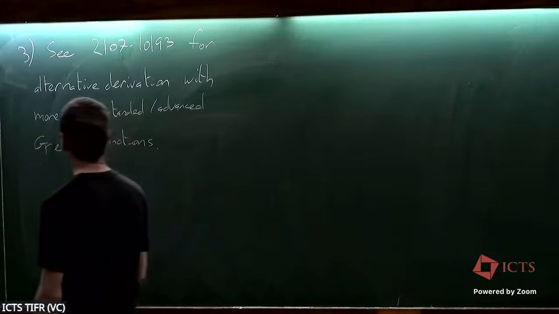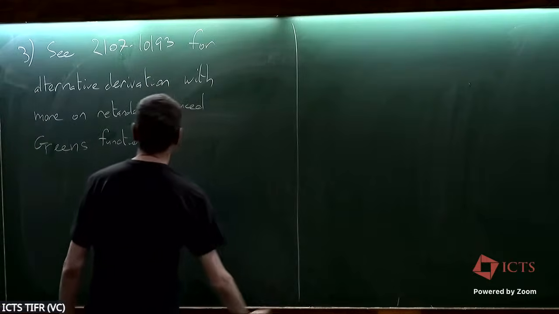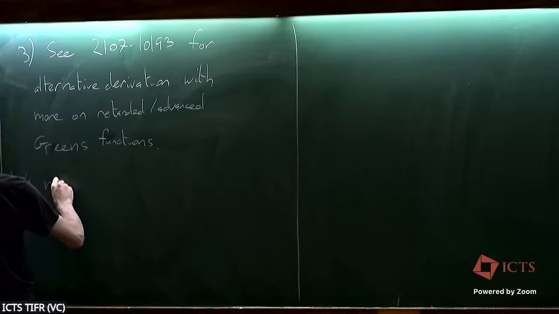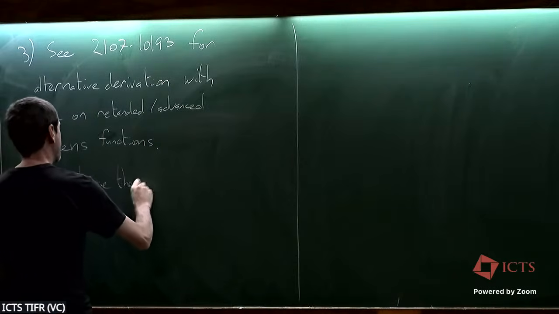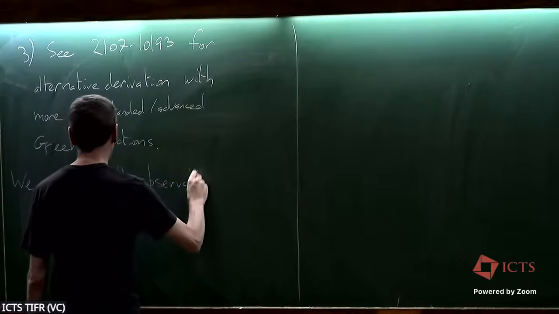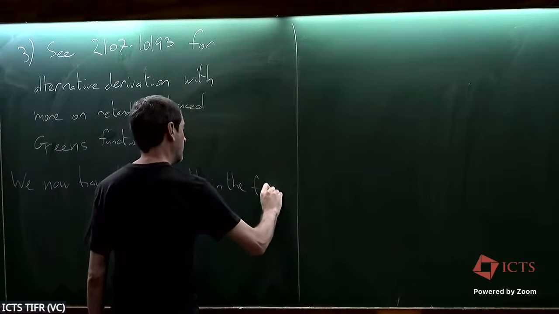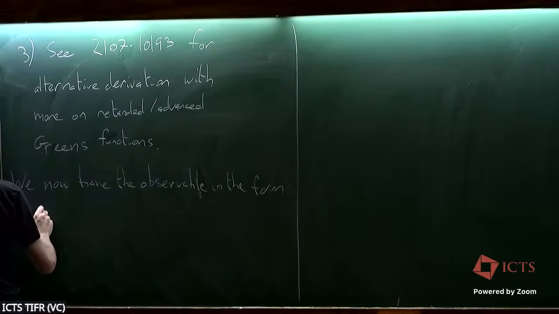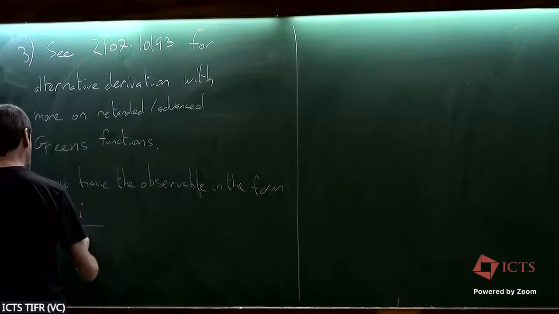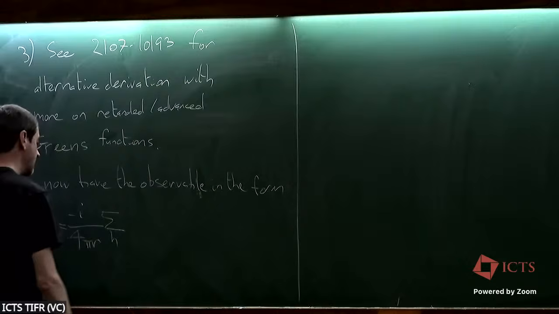Okay, very good. So after this calculation, we can come back to the h mu nu. We've now reduced the observable to the following form. Our h mu nu of x is minus i over 4 pi r, now filling in what the j mu nu was.